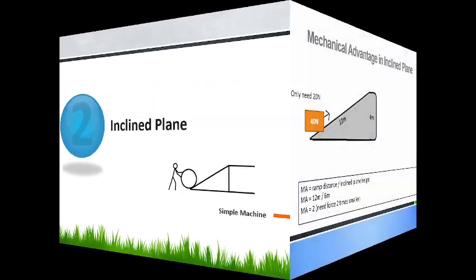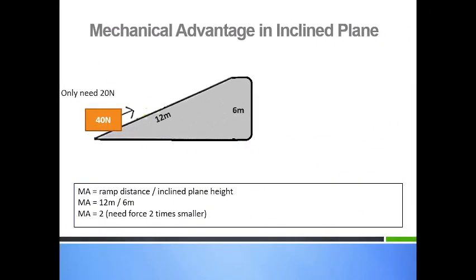Next, we will continue to the inclined plane. In an inclined plane, the mechanical advantage is the ramp distance divided by the height. The distance in this case is 12 meters and the height is 6 meters, so we get a mechanical advantage of 2. It needs force 2 times smaller.